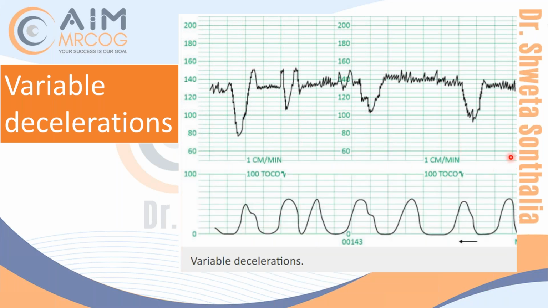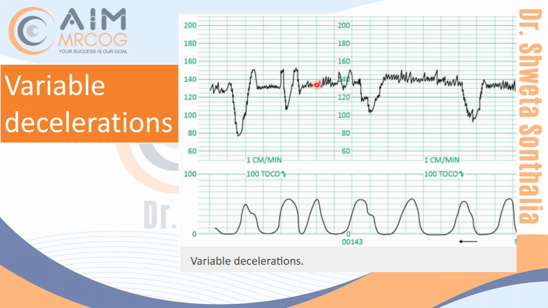So here, is it more than 50% of contractions or not? More than 50%. Yes, ma'am, more than 50. Because here there are 7 contractions, and here 1, 2, 3, 4 decelerations. So it is more than 50%. And even I can take this one also as a deceleration, if you see, right?